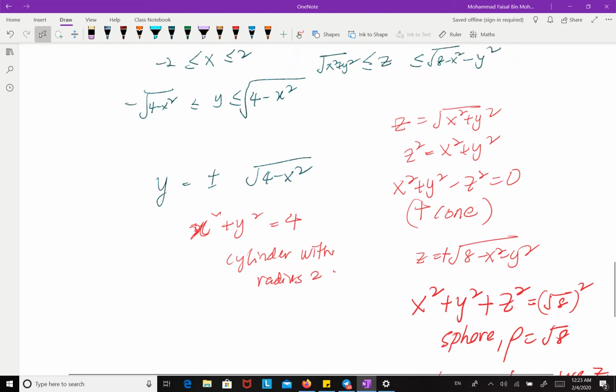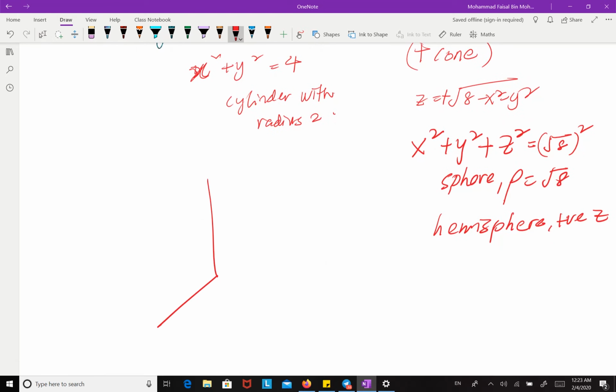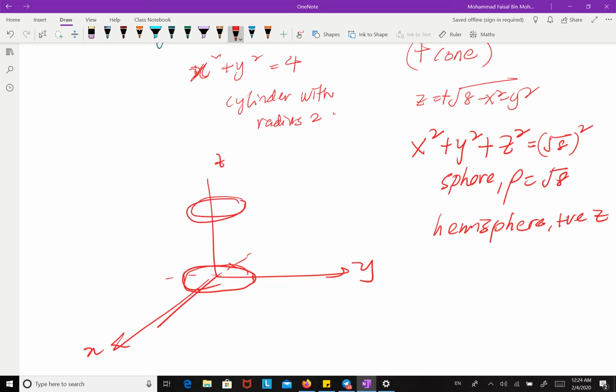So if we combine all of these regions in 3D, we have a cylinder with radius 2, on the x, y, z axes.